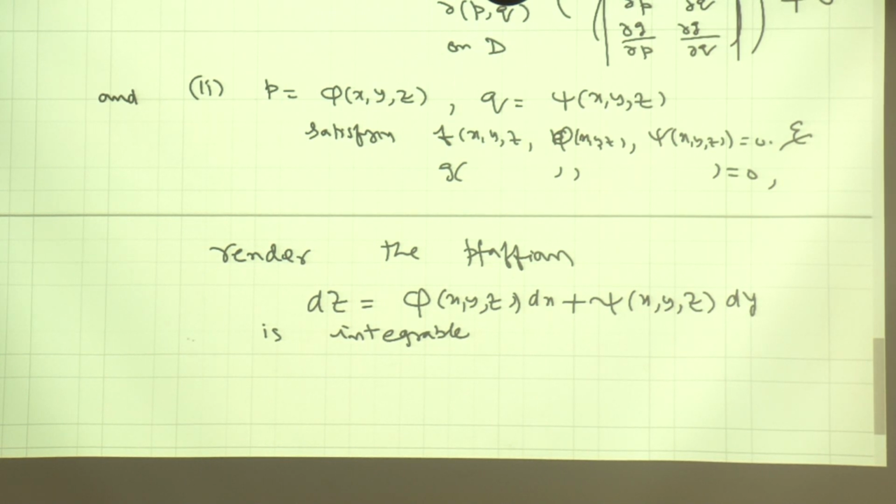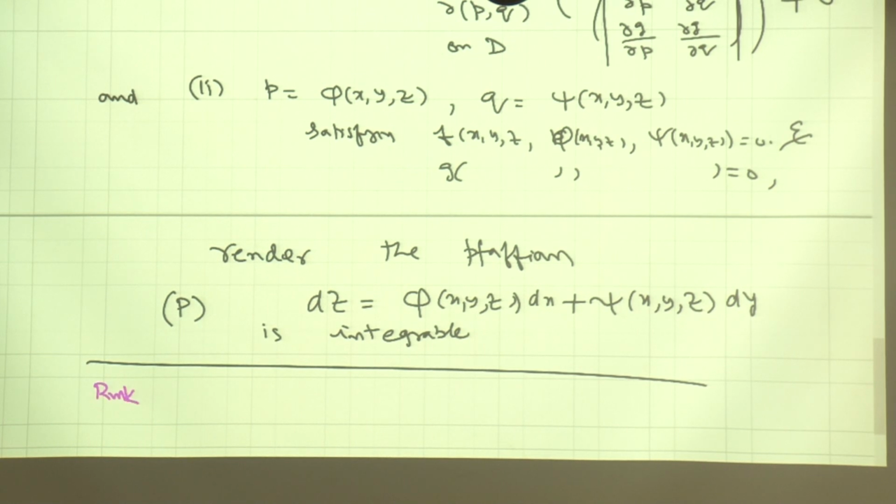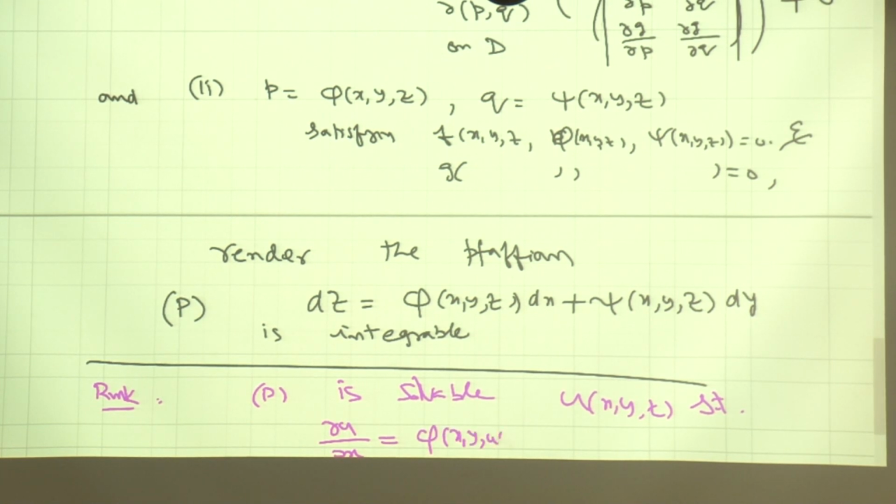So, suppose you have a solution to this Pfaffian. Okay? So, just a remark, the Pfaffian is solvable. What does it mean? There is a function u of x, y, with what property? Dou u by dou x is equal to phi of x, y, u of x, y, right?